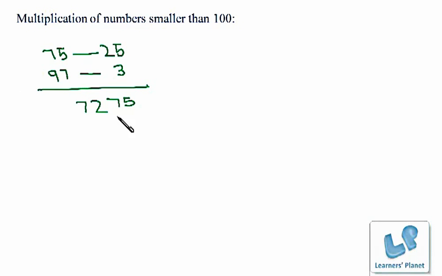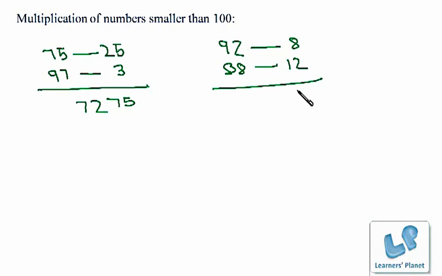Now we'll multiply 92 with 88. So this is minus 8 and this is minus 12. 12 into 8 is 96 and two digits have been filled over here. Now 92 minus 12 would be 80. So the product of 92 and 88 is 8096.